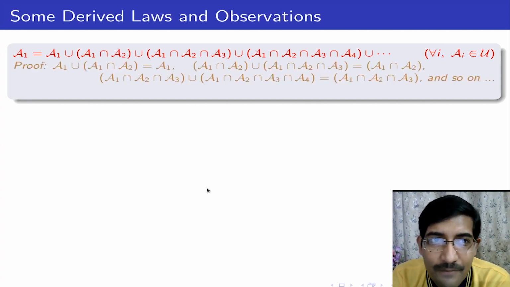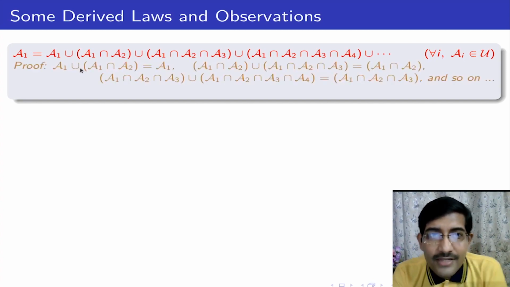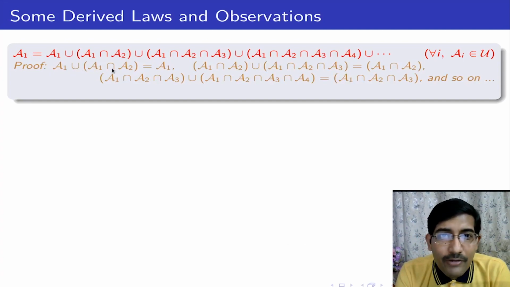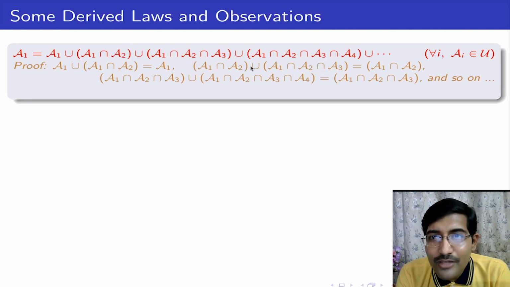If you look carefully, A1 union A1 intersection A2, from the absorption rule, gets absorbed into A1. Similarly, for the next terms in the union, this and this union A3, therefore this union A3 gets absorbed into this particular format.